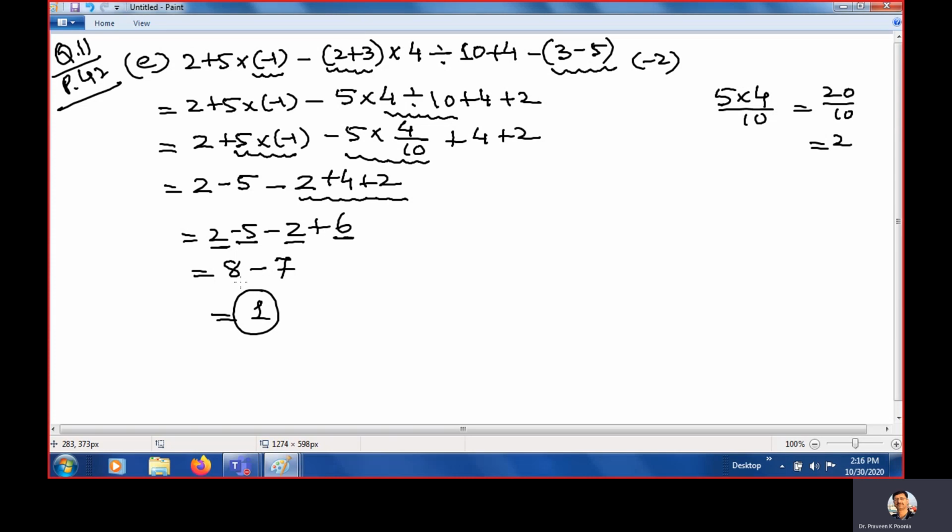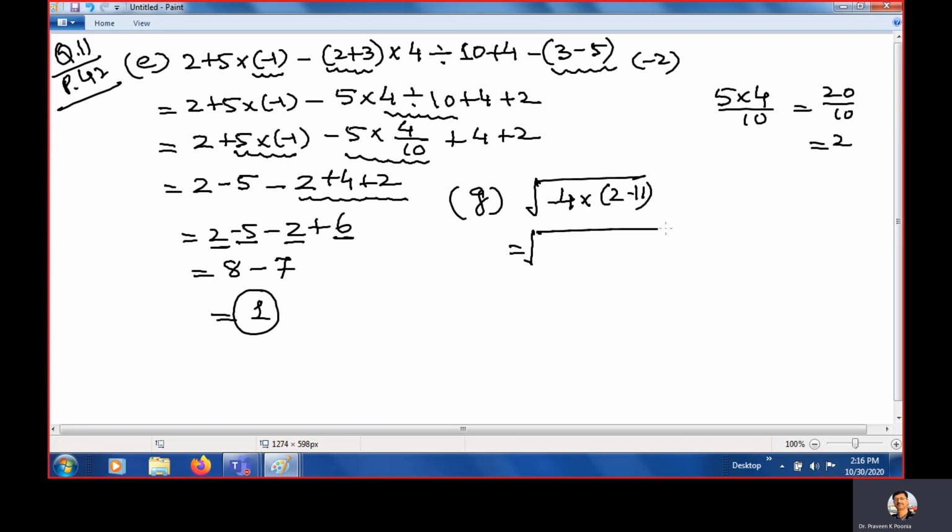Clear? One more question is written in your material that I want to bring to your kind notice. That is part number G. Part number G is square root of minus 4 times 2 minus 11.